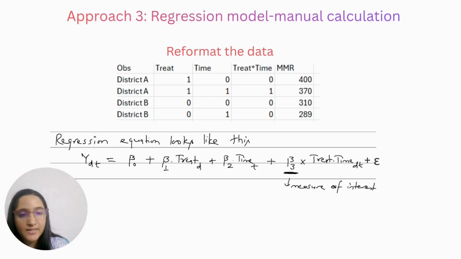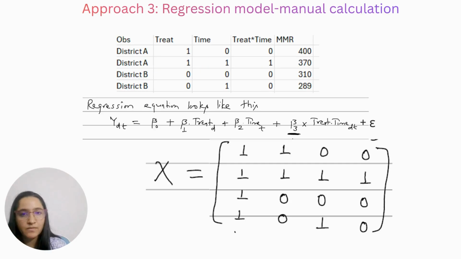So here, from this table, we bring in the values of treat and time, the predictor variables. And then there is the error term, of course. Imagine if we have 1,000 observations, then we will have 1,000 similar equations. But thankfully, we can represent all these values of predictors for each observation using a single design matrix. So the design matrix looks like this.